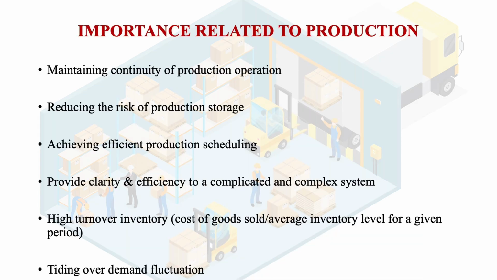High turnover means profit may be maximized, and low turnover means profit is deteriorating. Tiding over demand fluctuation: good inventory planning and control helps control demand fluctuations and observe them at a very early stage.